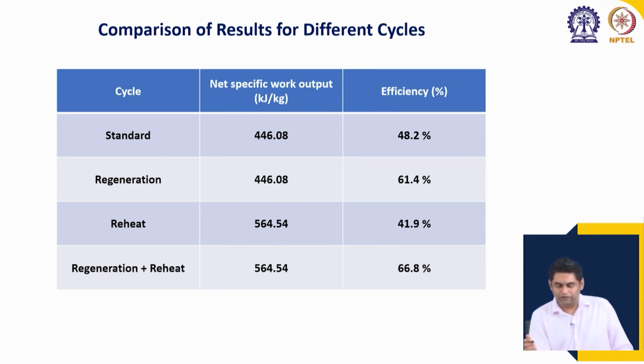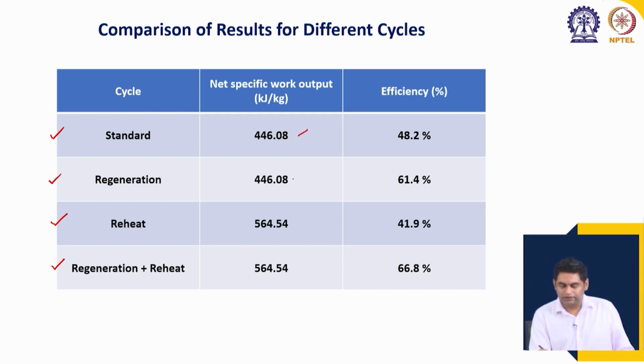Okay. So, based on our calculations, if I want to compare the results for standard cycle, regeneration cycle, reheat cycle and combined regeneration and reheat cycle, we have found that for the given condition, temperature is 300 Kelvin at the inlet, pressure ratio R is 10 and temperature at the turbine inlet is 1500 Kelvin.